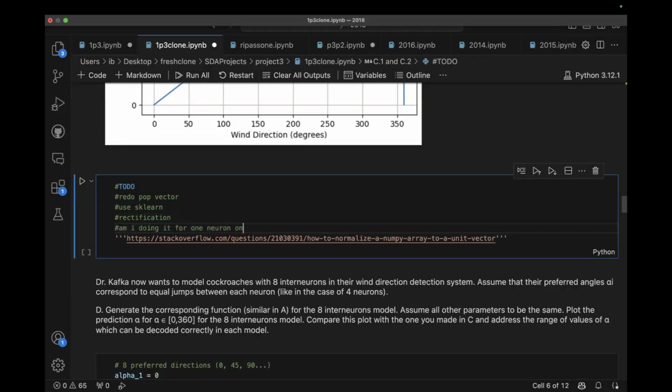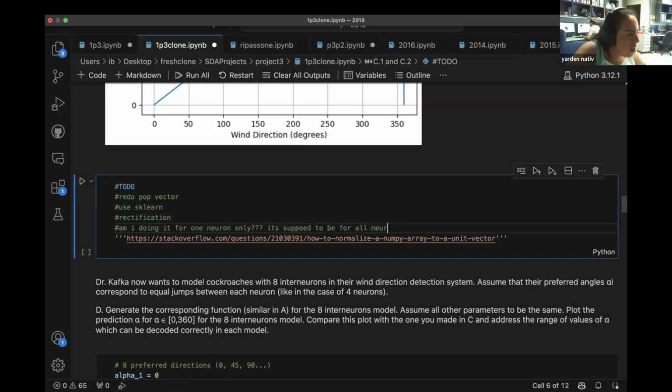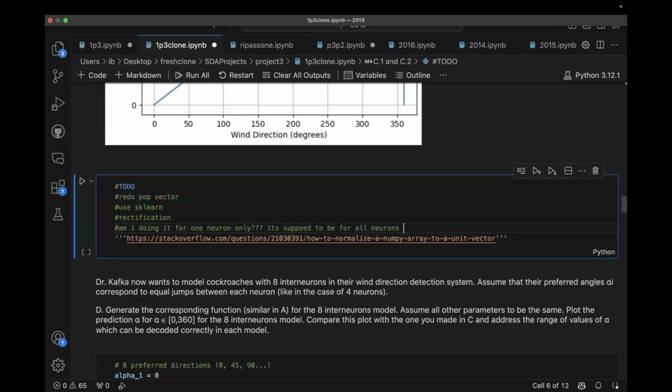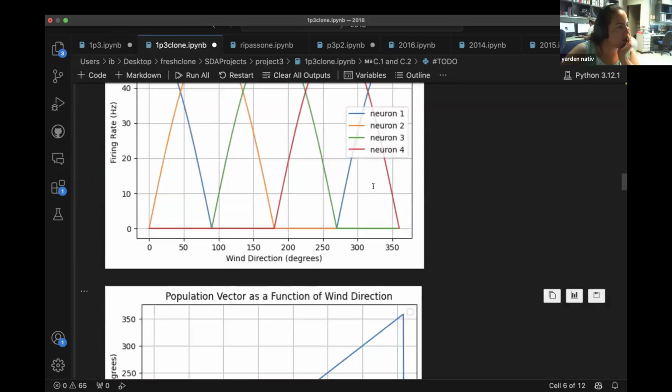Okay. But if it's on the neurons, it's only summing the results of each one, right? If it's all the neurons, it's only summing all of the results for each neuron. All of the results, yes. Okay.